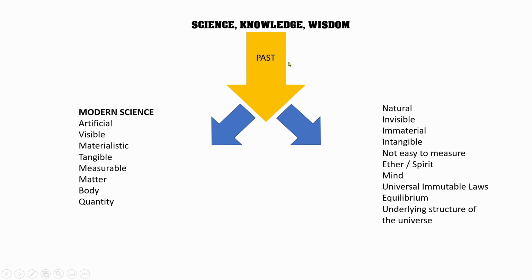And when I talk about ancient civilizations, I'm talking about the ancient Egyptian civilization, the Sumerians, the ancient Vedic civilization, the ancient Chinese civilization, who understood and were advanced in their science, knowledge, and wisdom.